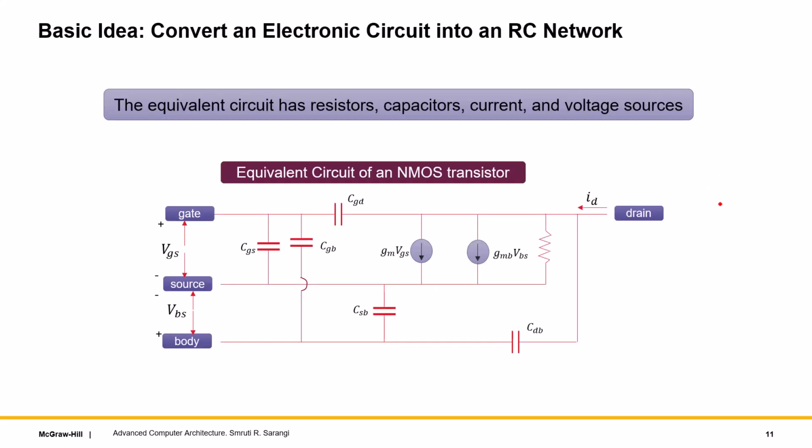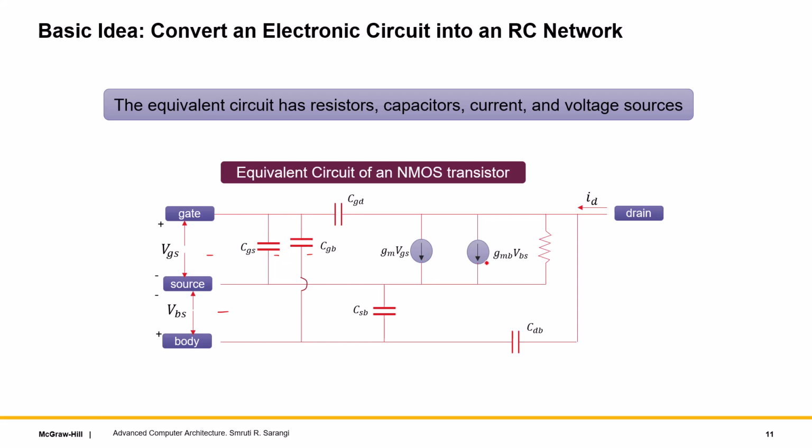The basic idea for doing all such simulations is to convert an electronic circuit into an RC network. An RC network is a resistor capacitor network. So convert it to an equivalent circuit. For example, for an NMOS transistor, you would convert it to an equivalent circuit like this with two voltage sources, gate to source, source to body, and a bunch of capacitors here. The gate and source have a capacitance because there is a voltage across them. Similarly, gate and body, gate and drain, and so on.